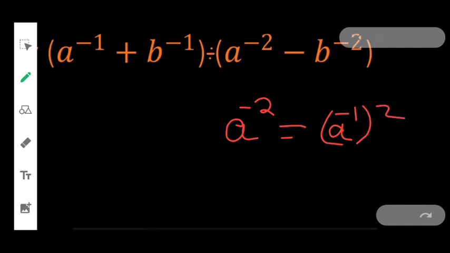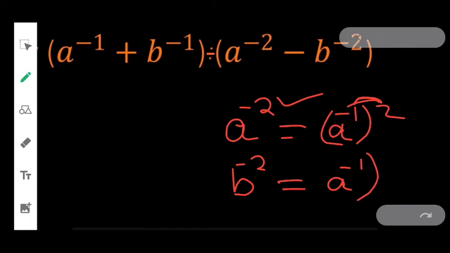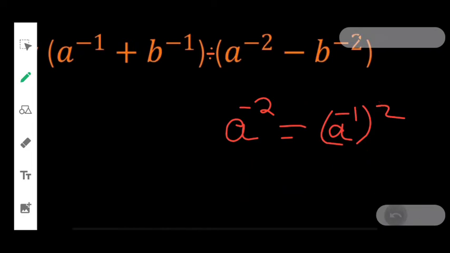Yes or no? Because minus 1 into 2 equals minus 2. Like that, b to the power minus 2 also can be written as b to the power minus 1 whole square. Clear?